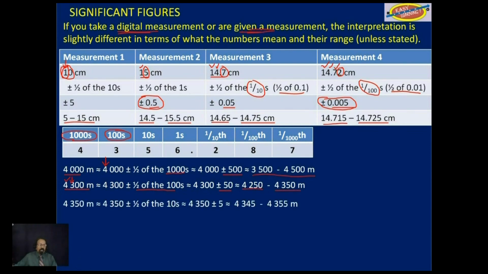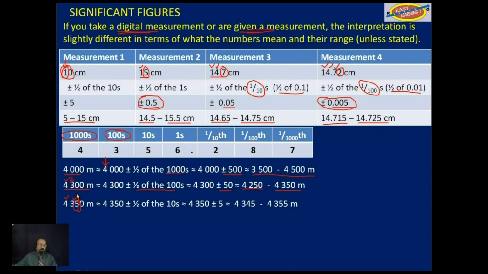Now, what about if you say, instead of 4,300, you say 4,350. Now you are sure of the 4,000, you are not sure of this 50, the tens position.